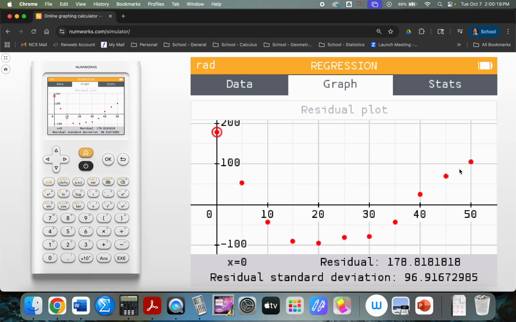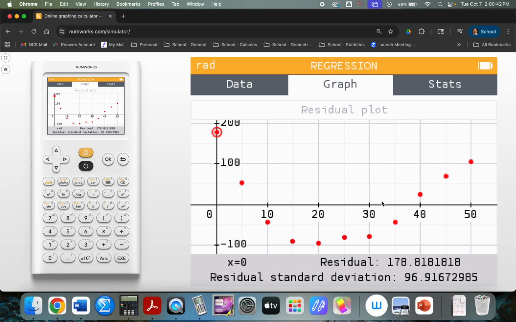That's why we want that to be random looking, because then any of the numbers in between could be anything. But we pretty much know that anything between 10 and 35, our residual is going to be negative. We shouldn't know that, and they shouldn't all be negative in a row like that.